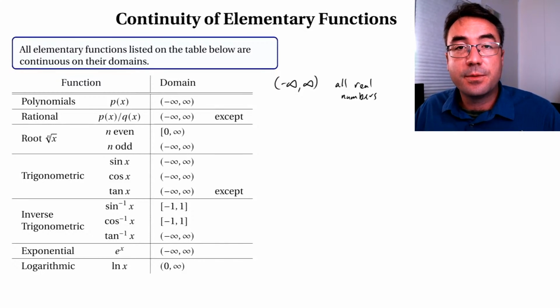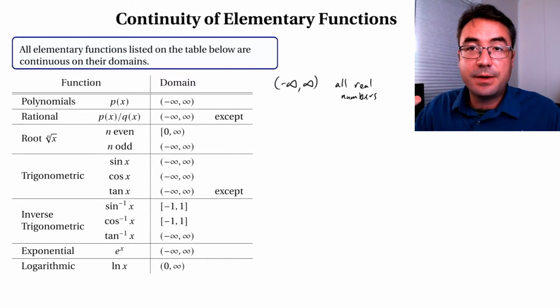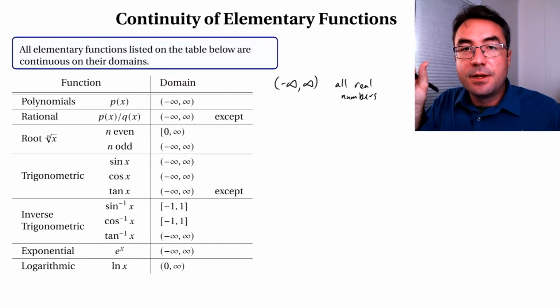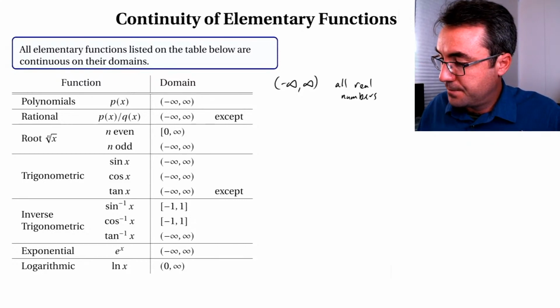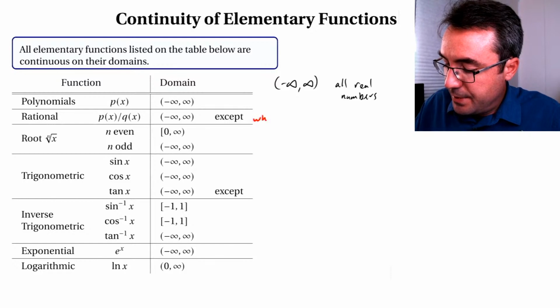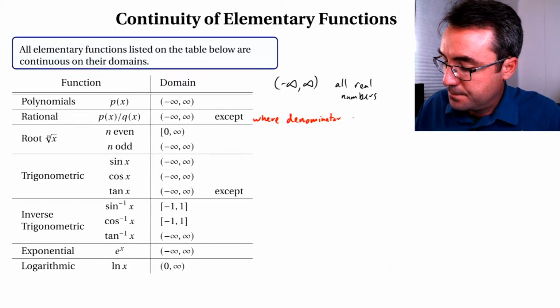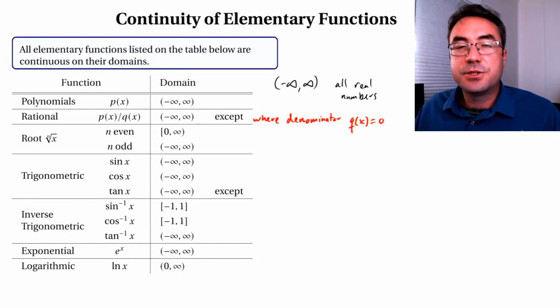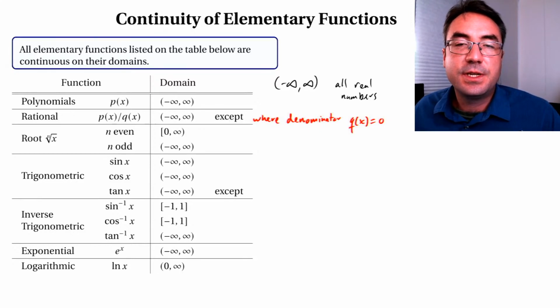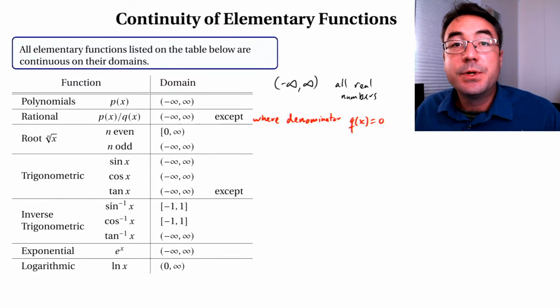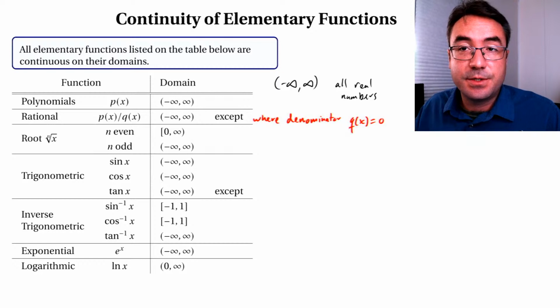Rational functions are, for the most part, a polynomial divided by a polynomial, and they're for the most part continuous with a little exception. And we just need to be careful where the denominator is equal to 0. So rational functions, and those are the ones we've seen a lot of examples of, most of the time they work out, but we just have to be careful where the denominator is equal to 0.